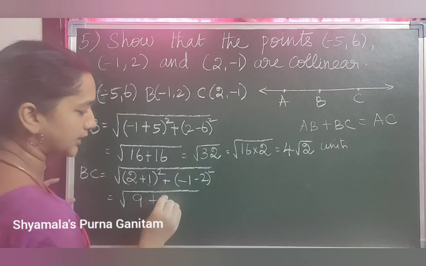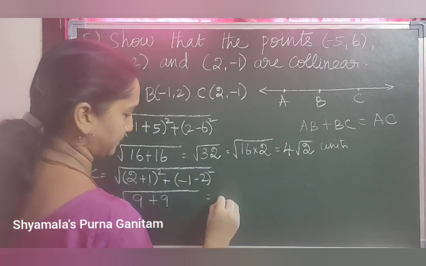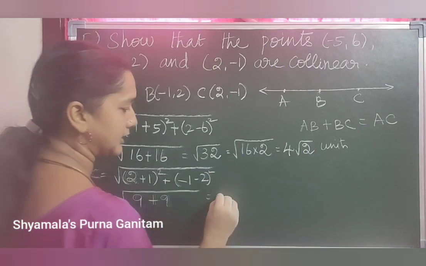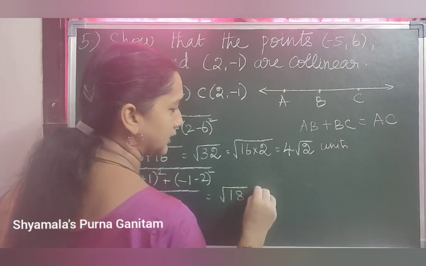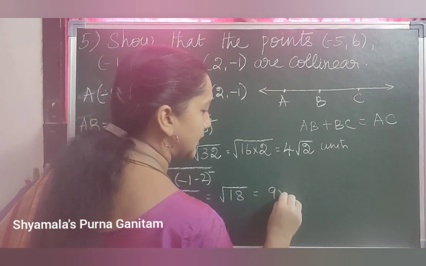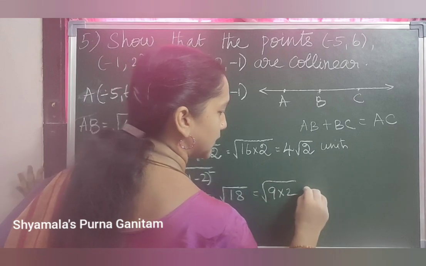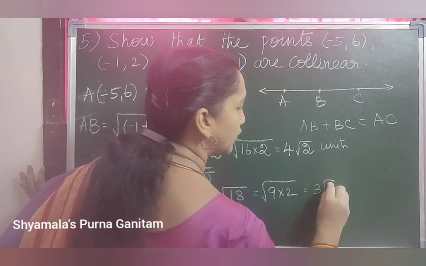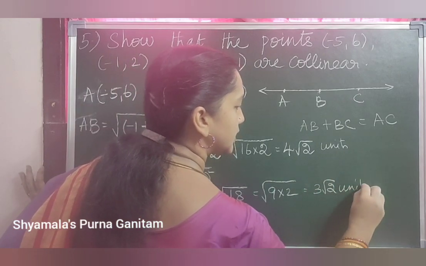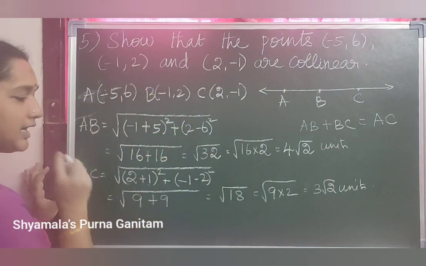Minus 3 the whole squared is 9. So this is 18. 9 plus 9, 18. Root 18. So this one you can write as 9 into 2. So 3 root 2 units. So this is the distance between AB and BC.